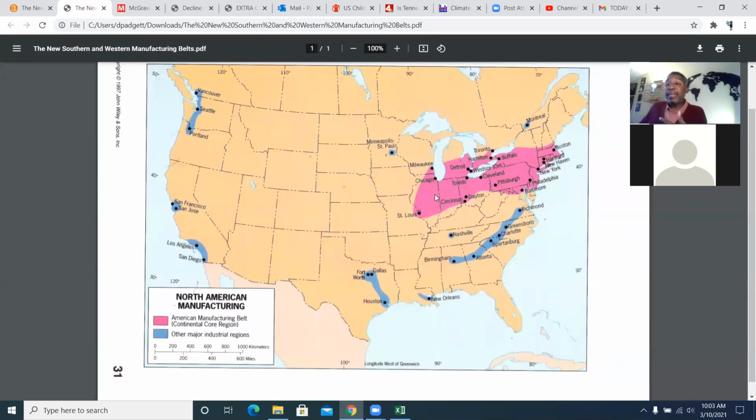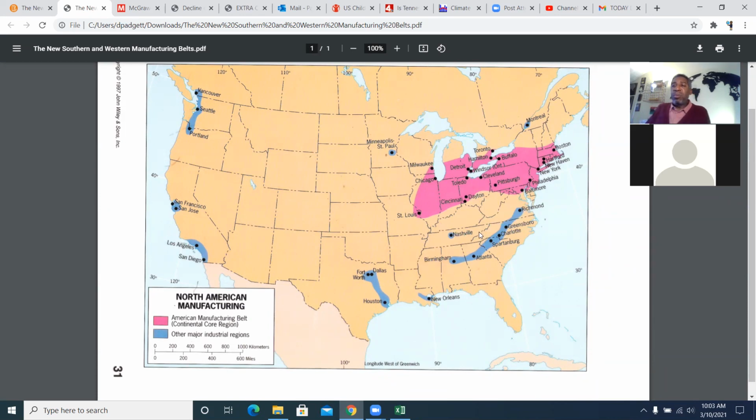What we started to see beginning in the 1980s and 90s was a shift. We started to see manufacturing increase in the South, specifically automobile manufacturing. So there was the Saturn plant. I think now it's the Nissan plant here in Nashville. There are auto plants in North and South Carolina. There are auto plants in Mississippi.